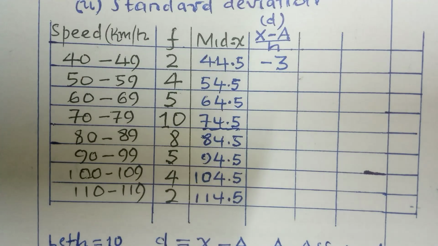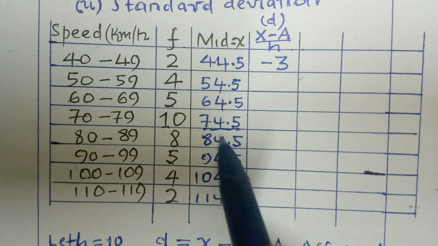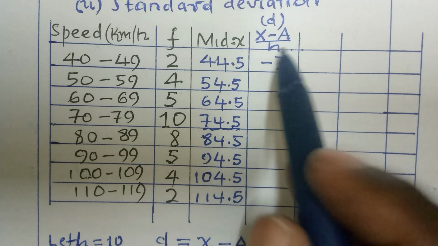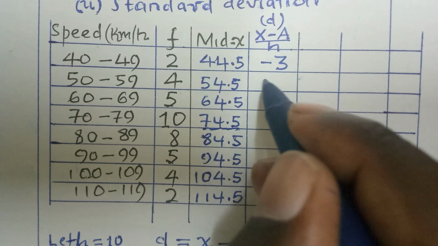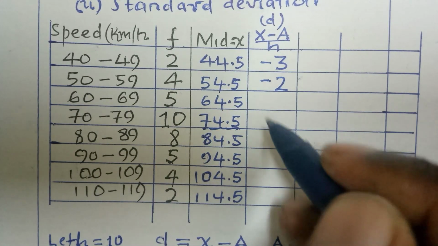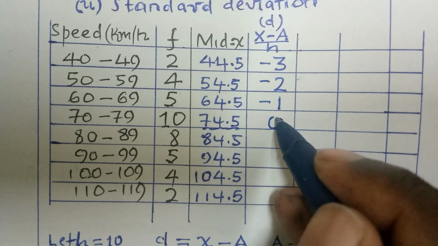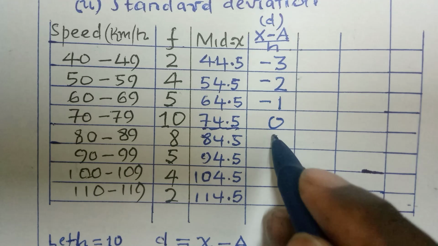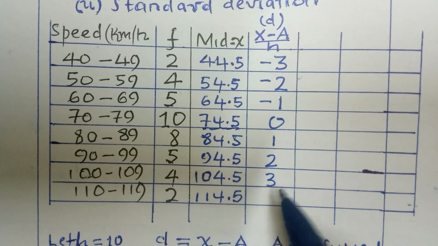So come to this one, it will be 54.5 minus 74.5. That gives us negative 20. Negative 20 divided by 10, negative 2. And so guys, when you do that, you'll get this one will be negative 1. This one you get is 0. This one you get 1, 2, 3. And this one you get 4.